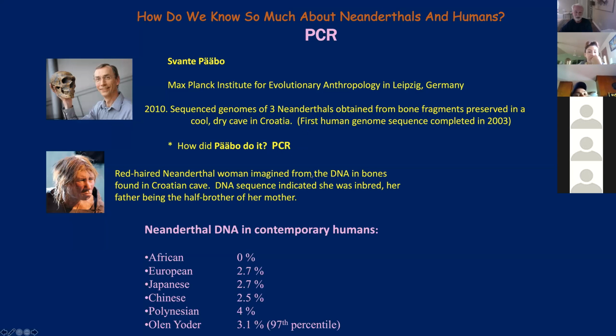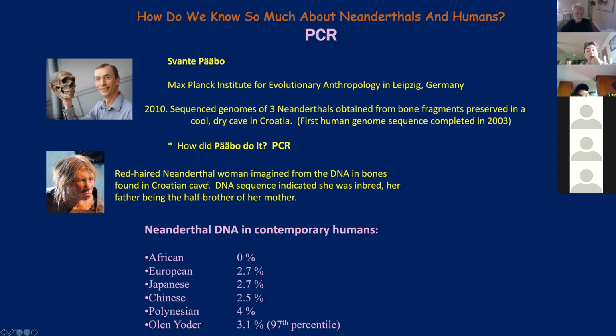From these bone fragments, he did PCR reactions and got as much DNA as he needed to do analyses. For example, he got evidence that one of the genomes in this cave was a red-haired woman. Her DNA sequence indicated that she was inbred, that her father was a half-brother of her mother.